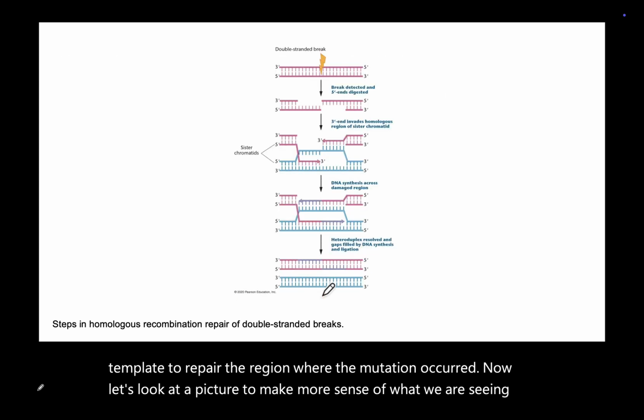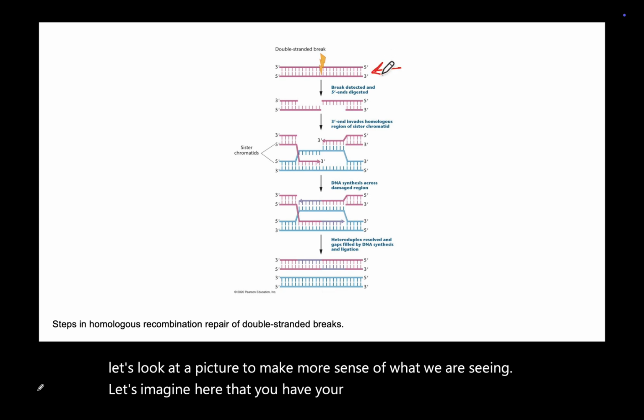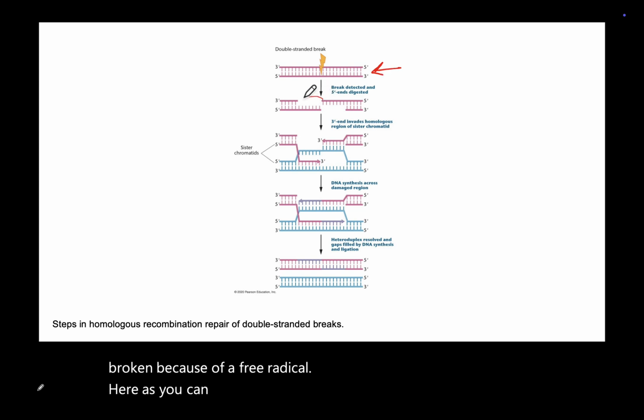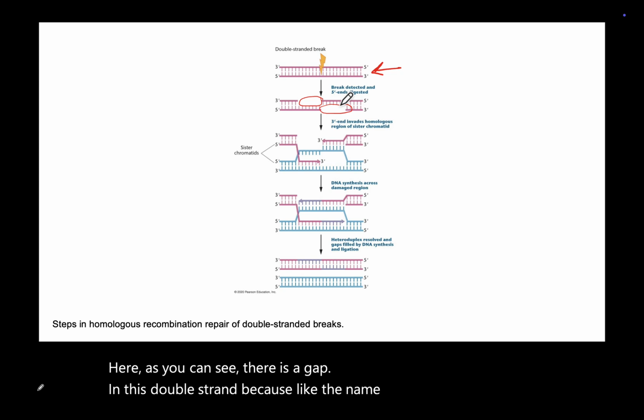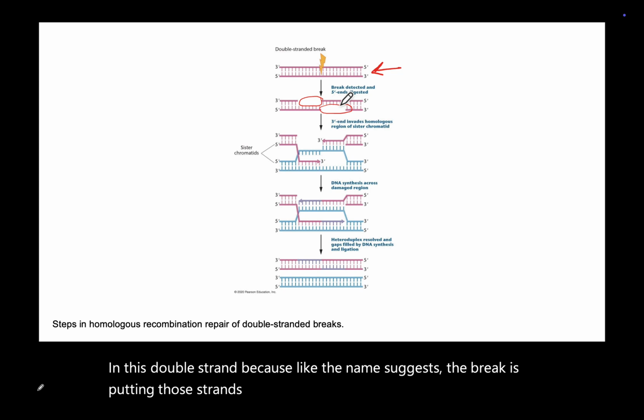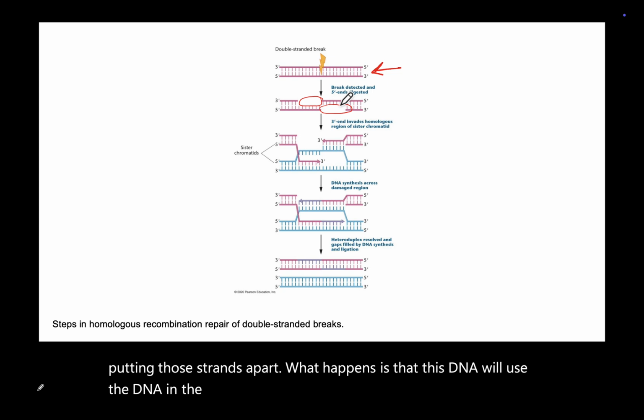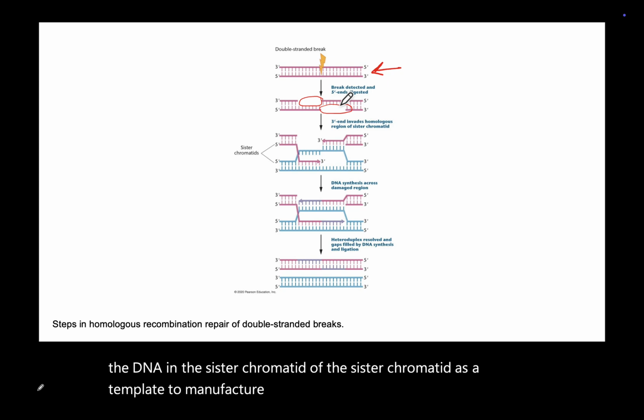Let's imagine here that you have your double-strand DNA that was broken because of a free radical. Here, as you can see, there is a gap in this double strand because, like the name suggests, the break is putting those strands apart. What happens is that this DNA will use the DNA in the sister chromatid as a template to manufacture the missing sequence.